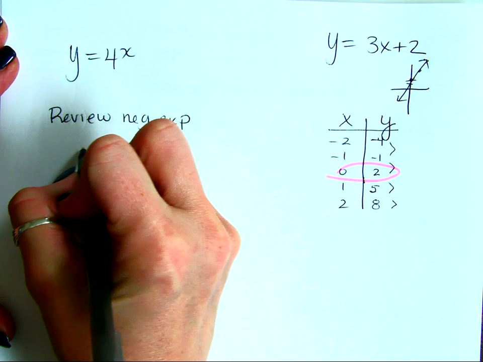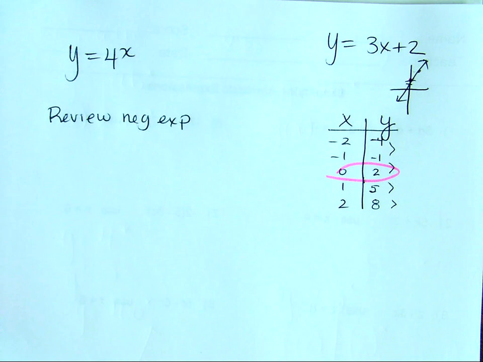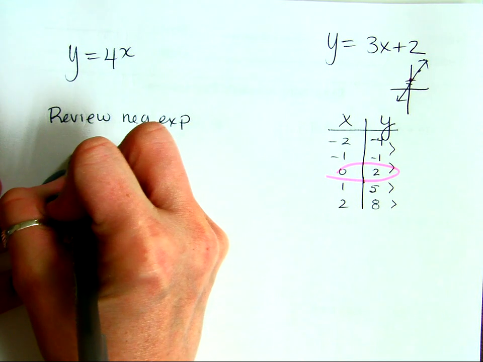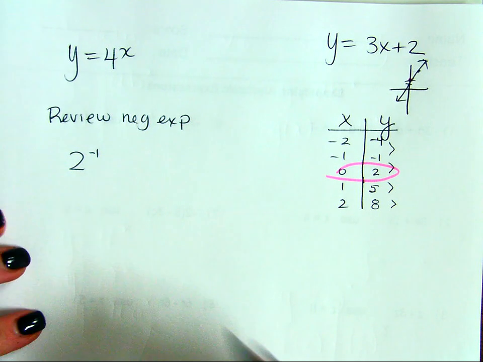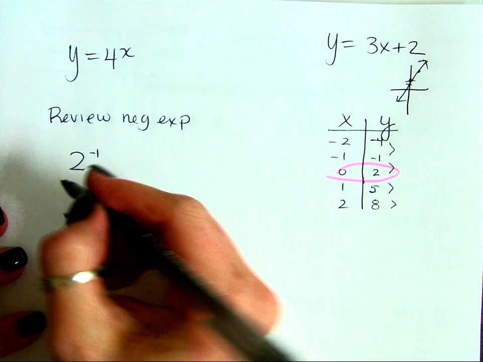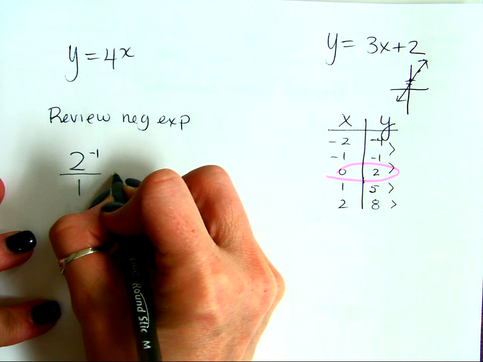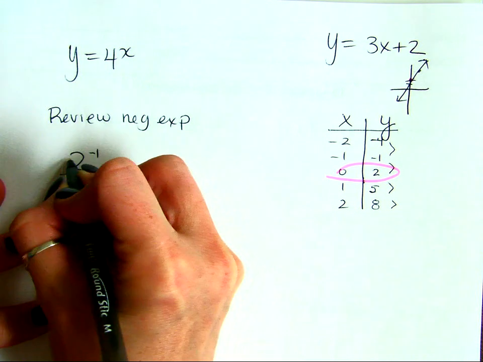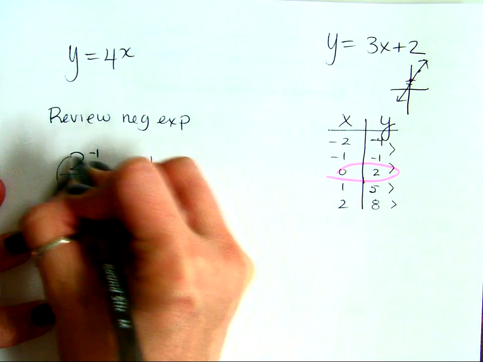So the first rule is about negative exponents, they're a no-no. You can't have a negative exponent. You need to make them positive. For example, if I had 2 to the negative 1 power, I have to make that negative 1 positive. To do that, I create a fraction from it, meaning this 2 to the negative 1 power is in my numerator. So let's move it down to the denominator, and that leaves me with a 1 up top because you can't have anything left.